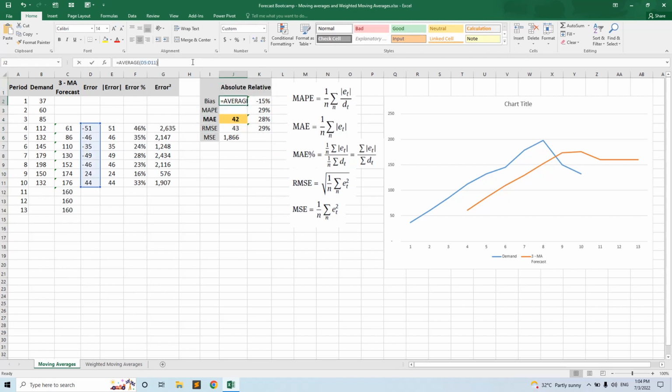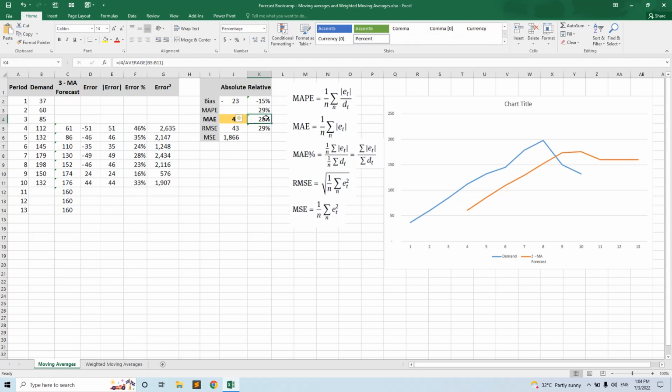So we have here the accuracy parameters. We have the bias, which is the average of the error, and the relative bias, meaning the average of the error divided by the average of the demand. We have the median absolute percentage error, meaning the percentage error average. And then we have this important KPI, mean absolute error, which is the average of the absolute error.